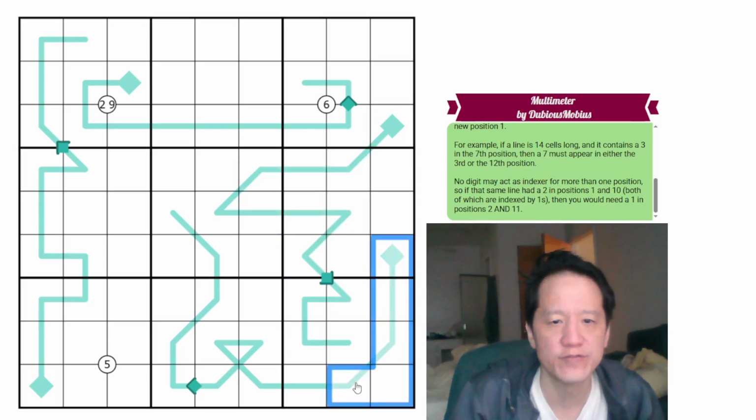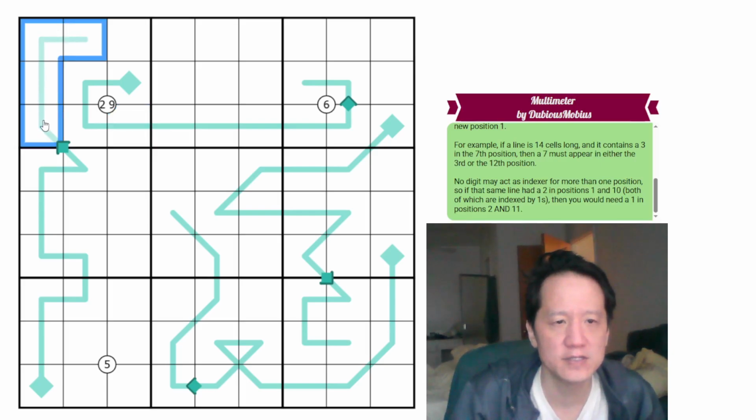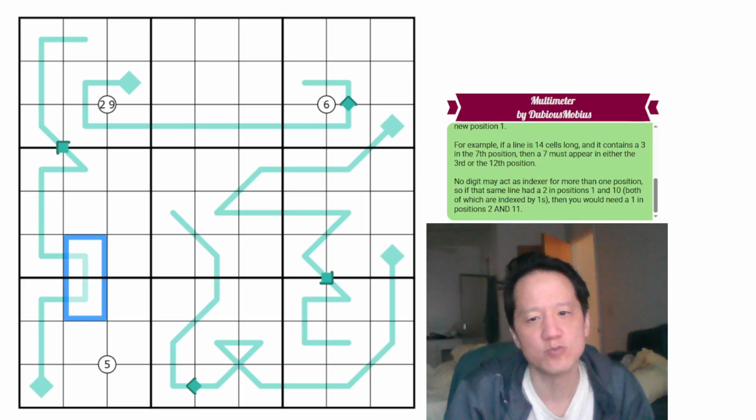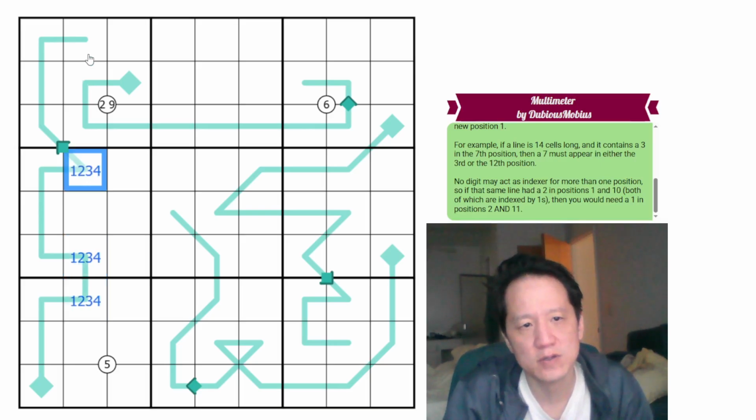And then 1 through 5 is doubled along these lines, right? We know the 9 has to be one of these cells. This is already the digits 1 through 9, so these have to be indexed 1 through 4, right?